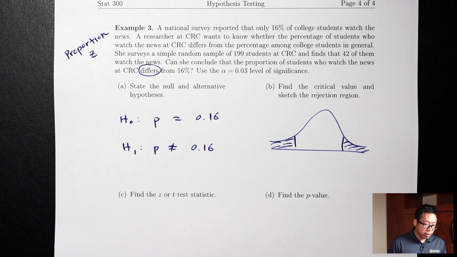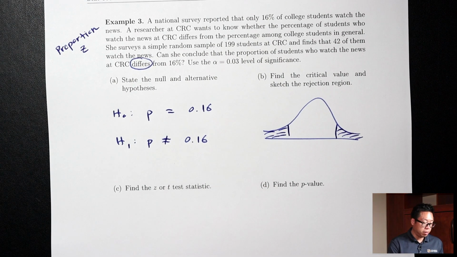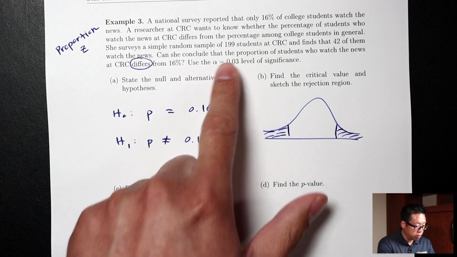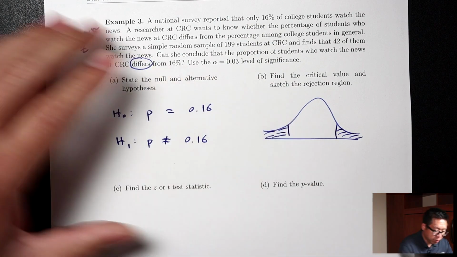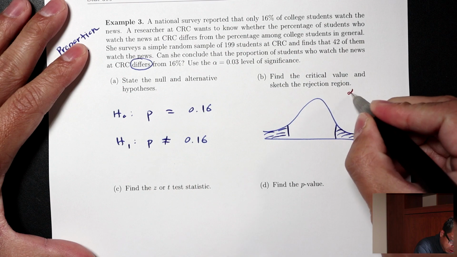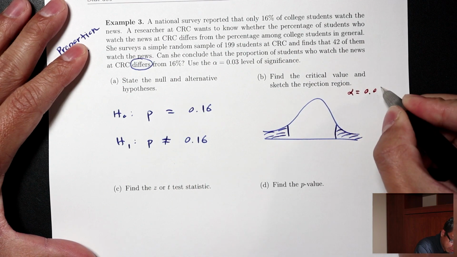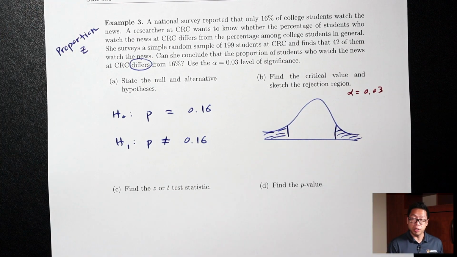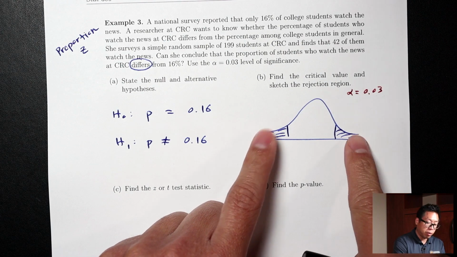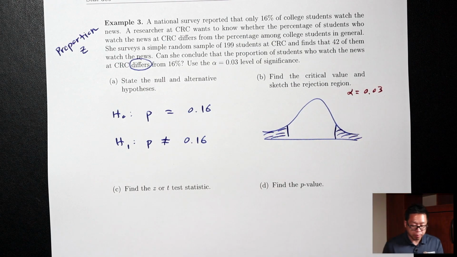As always, the shaded area is the alpha. So alpha here is 0.03. That's the area of the shaded region, which is the left and right together.